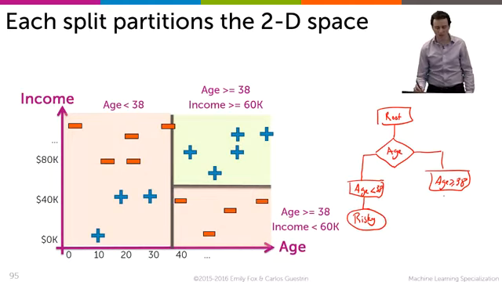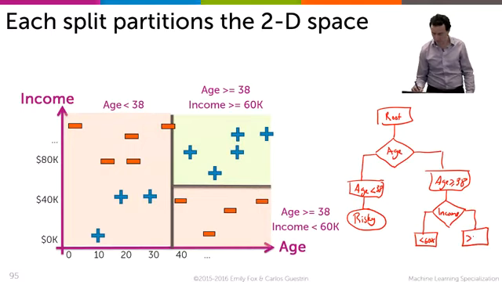For age greater than 38, we took another split, which was on income. We just ask ourselves, is the income less than 60,000 or greater than or equal to 60,000?